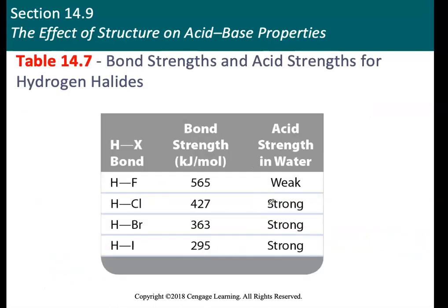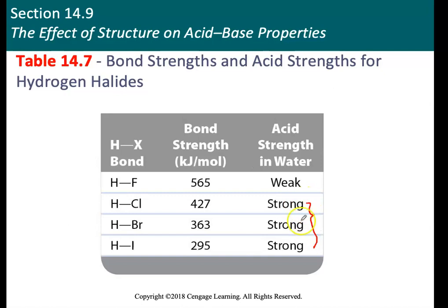Now let's look at the hydrogen halide acids and look at the bonds for this series. HF, the bond strength is 565 kilojoules per mole. Now as you go down the group, you see a decrease in bond strength. So these are all relatively the same group of acid, but notice the strength.